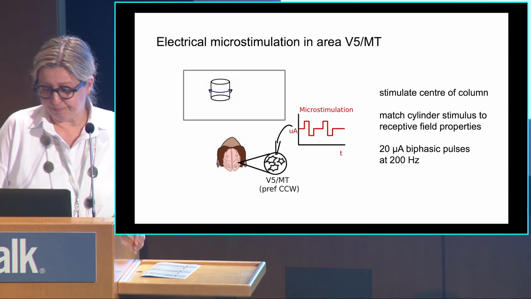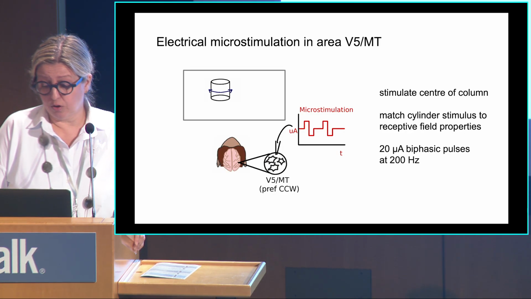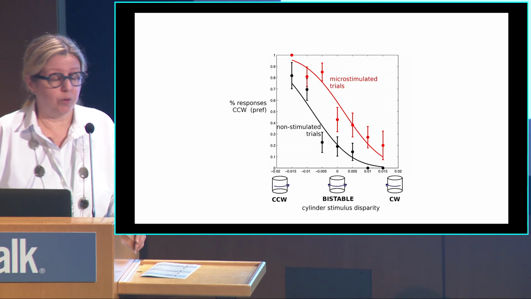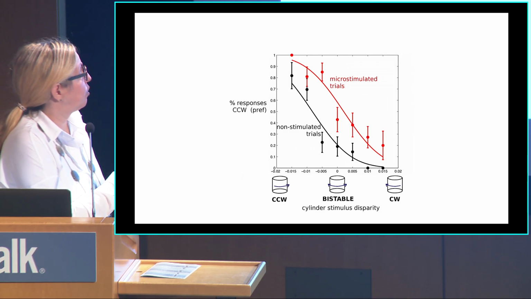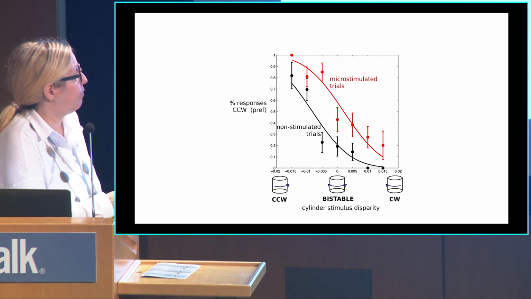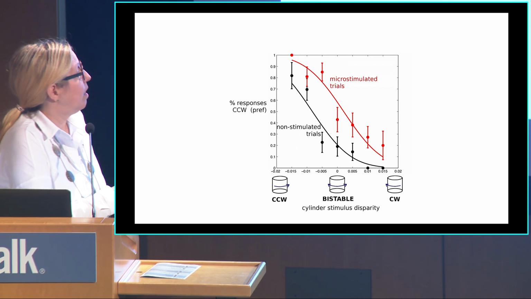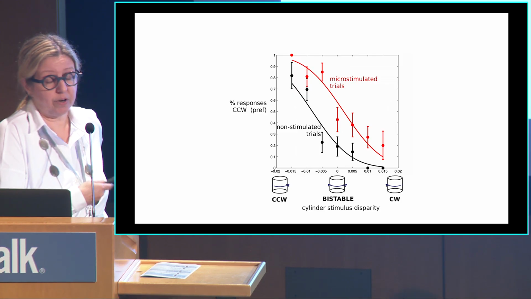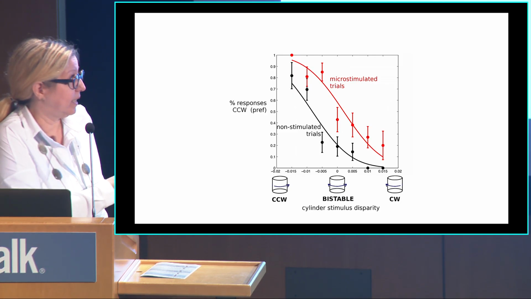And now we place the electrode in the center of a column, match the cylinder stimulus to the receptive field properties, and stimulate with 20 microampere biphasic pulse. And what we see in this site that's preferring counterclockwise rotation is that for every given visual stimulus, we find more counterclockwise rotation choices, so in the preference of the stimulated site.